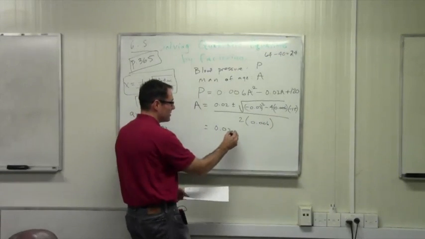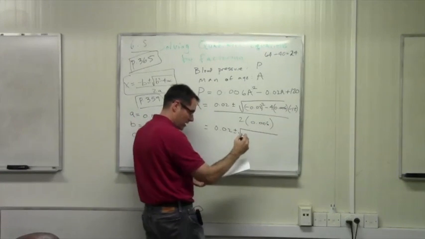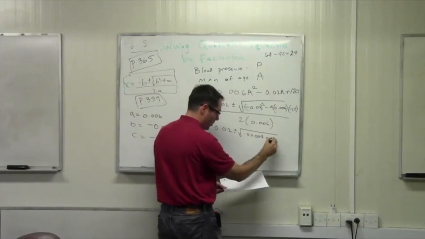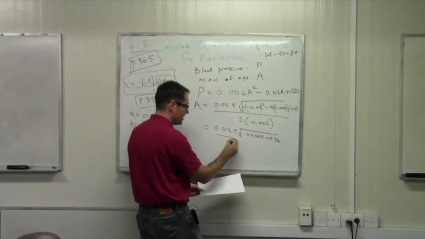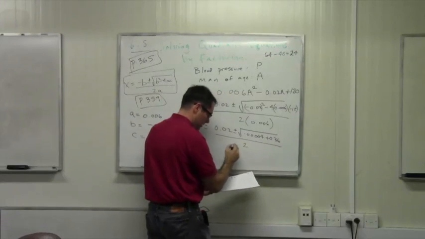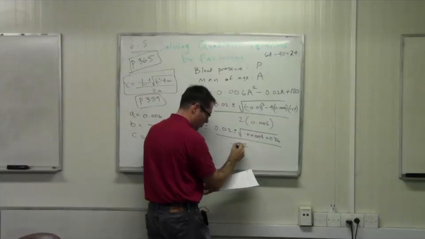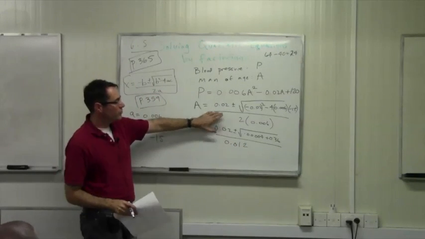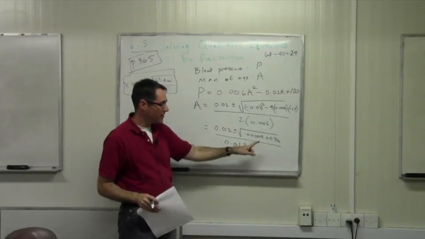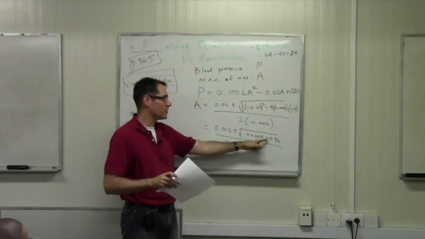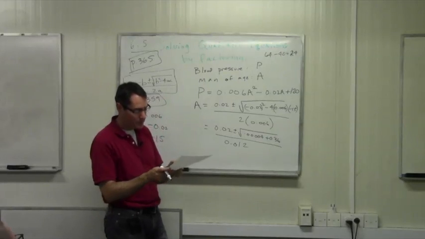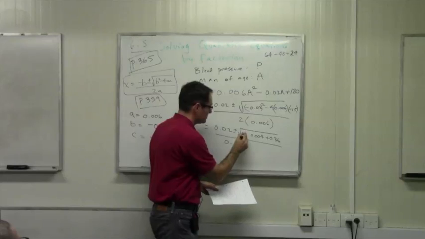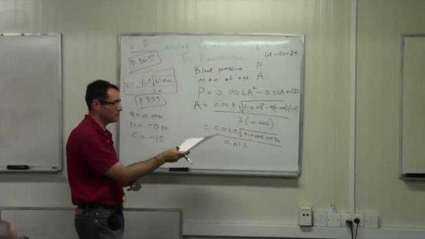It ends up being 0.02 plus or minus the square root of 0.0004 plus 0.36, divided by 2 times 0.006, which is 0.012. When you do all this out, you can add this together: 0.360004. Did I have too many zeros? Yep, you're right. Thank you. 0.360004, there we go.